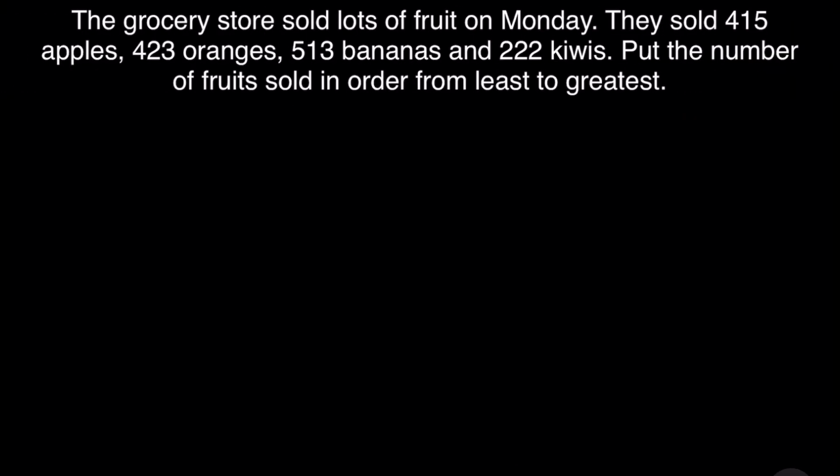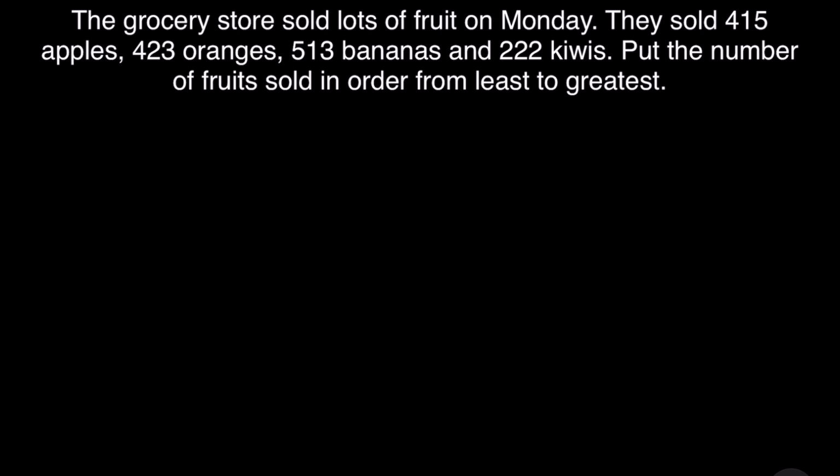All right, guys, let's do one more. Now, you don't have to write down this word problem. I'm going to read it. The grocery store sold lots of fruit on Monday. They sold 415 apples, 423 oranges, 513 bananas, and 222 kiwis. Put the number of fruits sold in order from least to greatest.